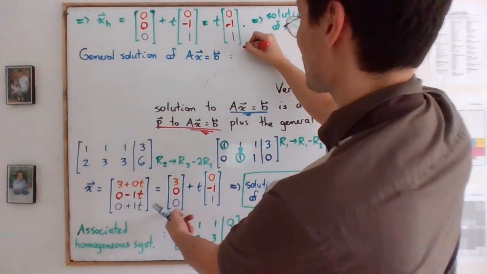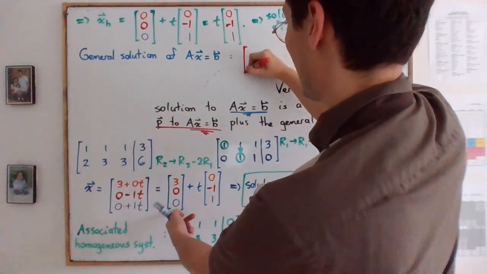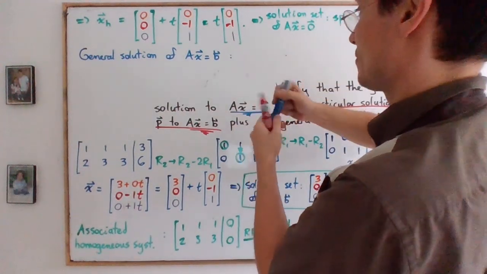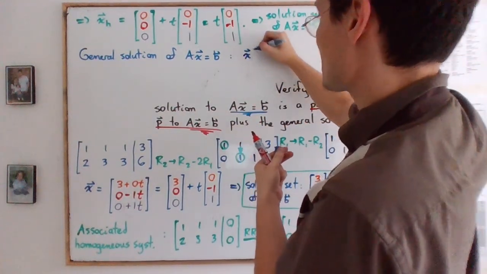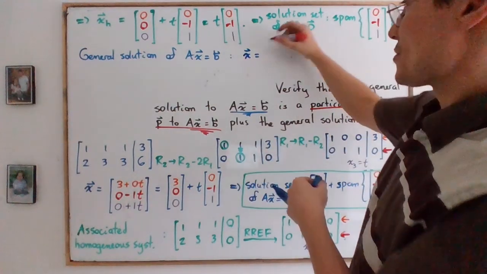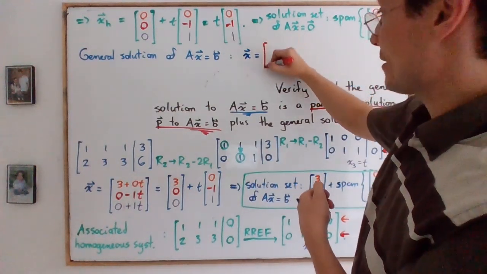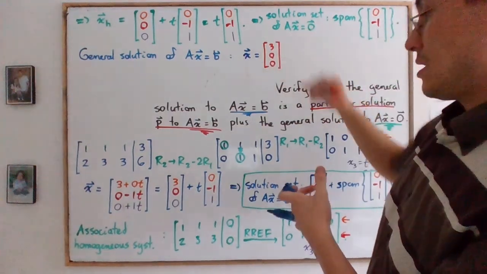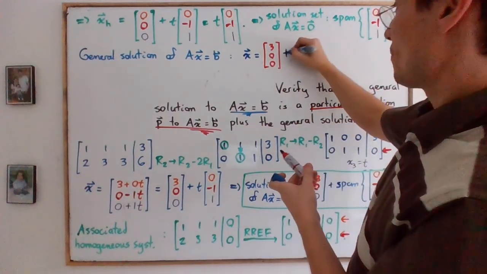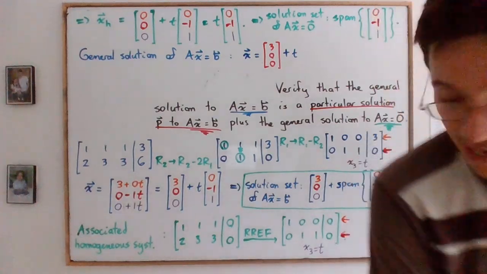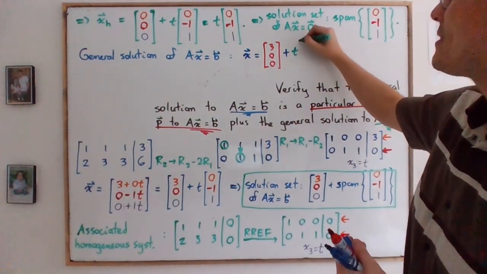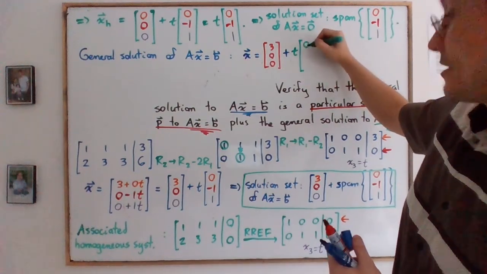So it's this vector right here that I will write like, and let's actually write X equals. So X equals. So we have this vector right here, 3, 0, 0, plus T times, and this vector, actually I'll write this in green, plus T times the vector that we have here.